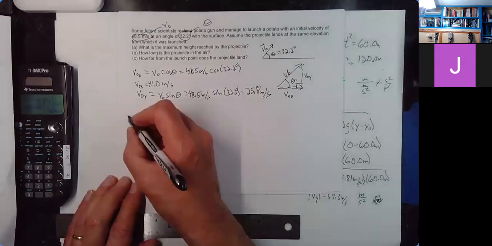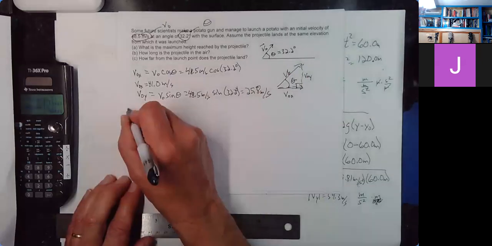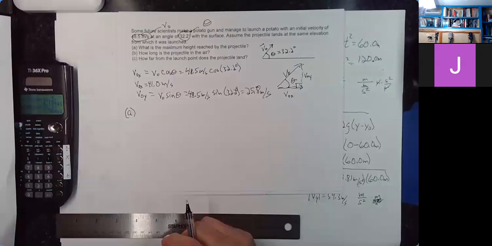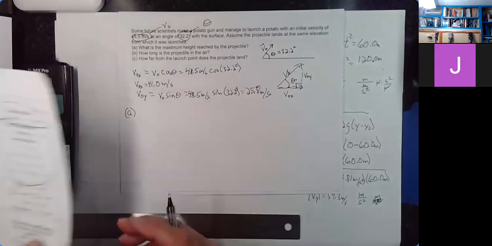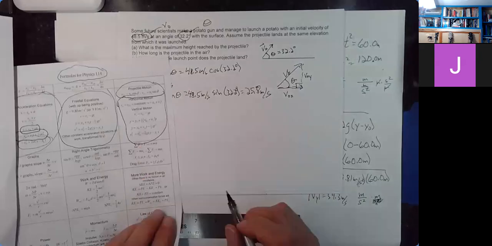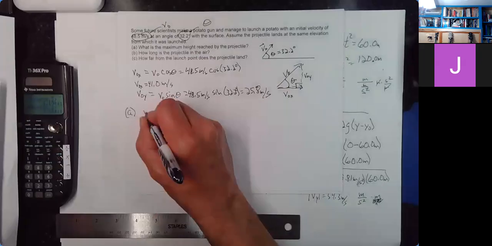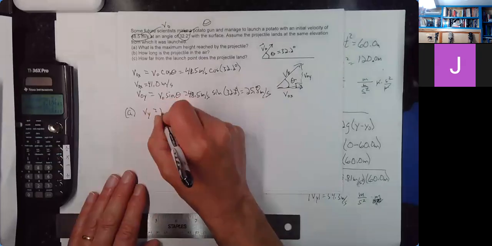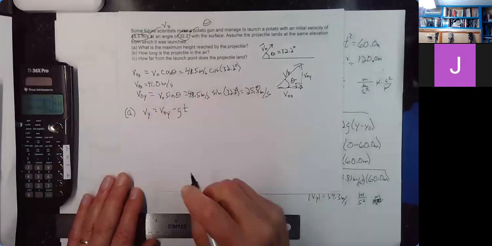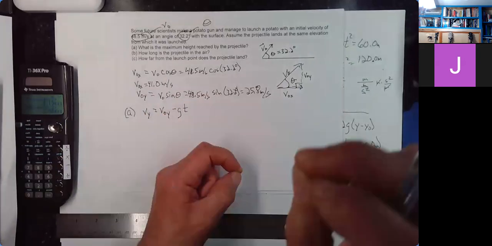Well, here's one way to get it. I can figure out how long it takes to get to the high point using the equation for the velocity in the y direction, which is v sub y equals v naught y minus gt. What does it do at the very top?